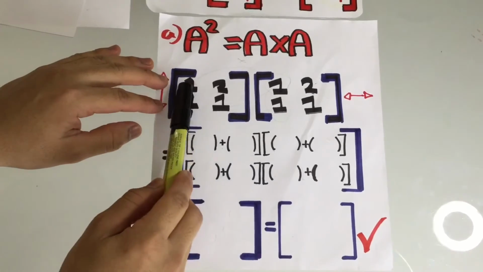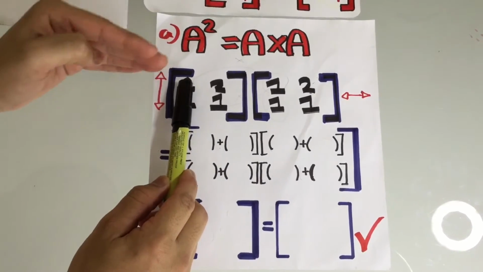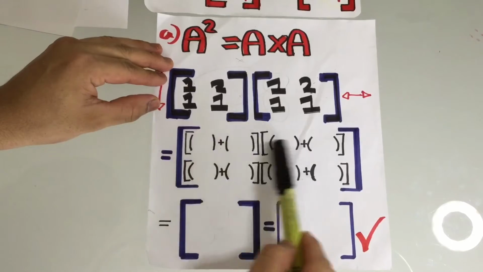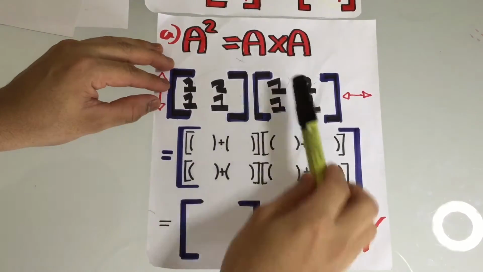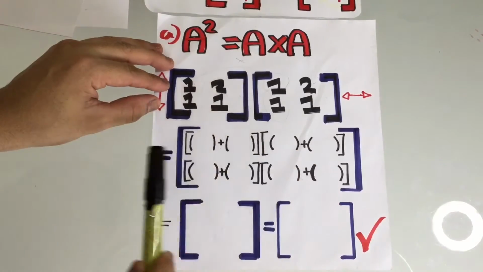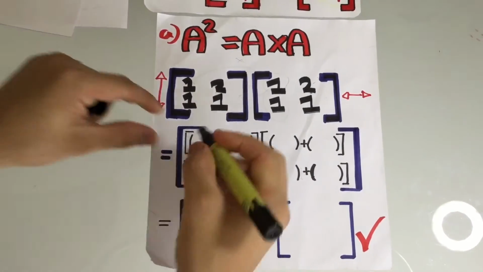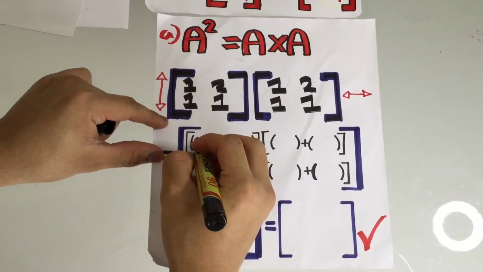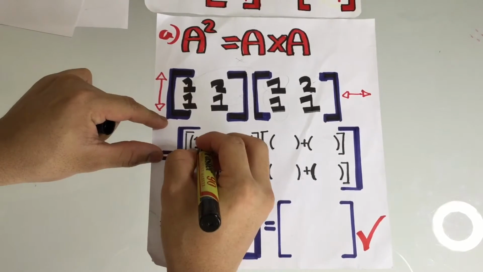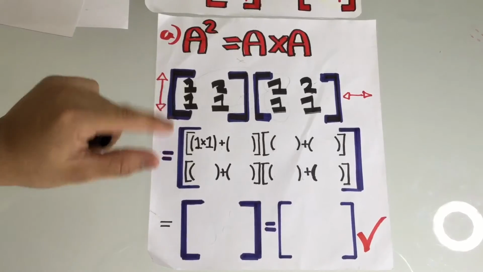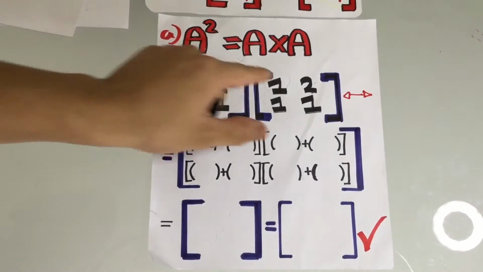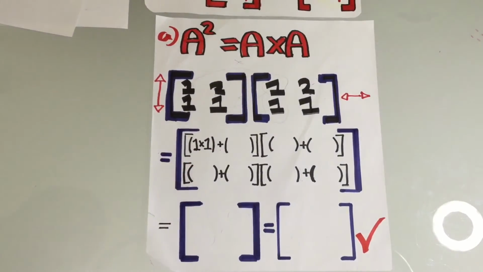So the first number is 1, which is up, top. And for this one is 1, which is left. On the side is left, on the left side. Therefore, 1 times 1 equals 1. 1 times 1 here, 1 times 1 here. You put it inside here.